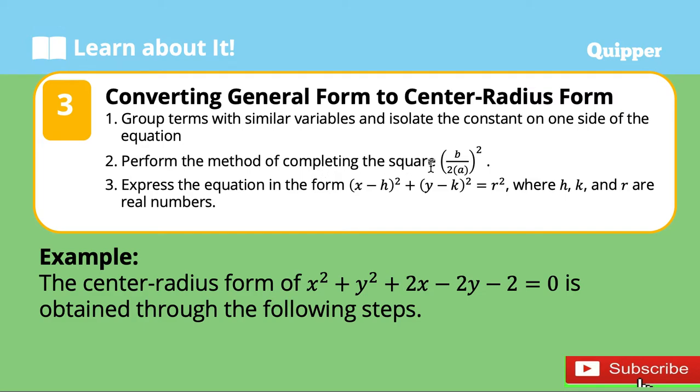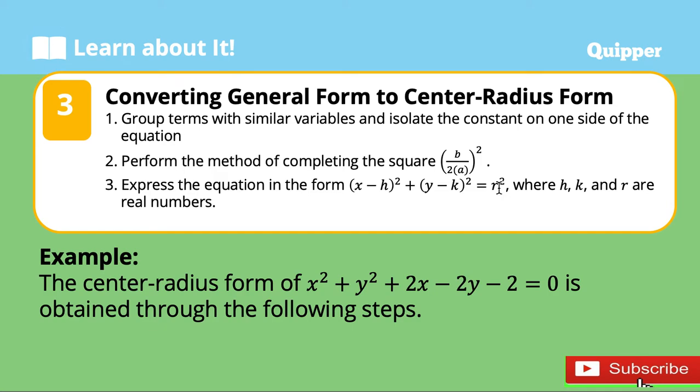Take note that to complete the square, we need to add each group by the square of b over 2a. Third, express the equation in the form of square of x minus h plus the square of y minus k is equal to the square of r, where h, k, and r are real numbers.